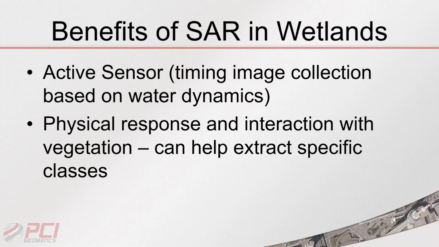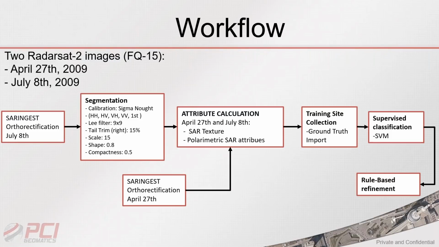Now, Kevin's already gone into detail about the workflow, but just to give a brief overview of the demonstration, we're going to be working with 2 SAR images, one collected in April during the flooding period, and the second during the dry period in July. I already ran a SAR ingest and orthorectification to ensure the proper overlap between the 2 images.